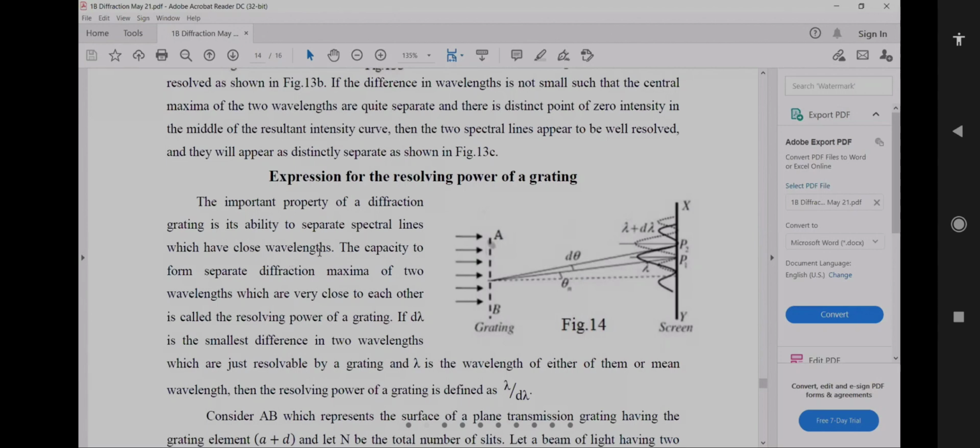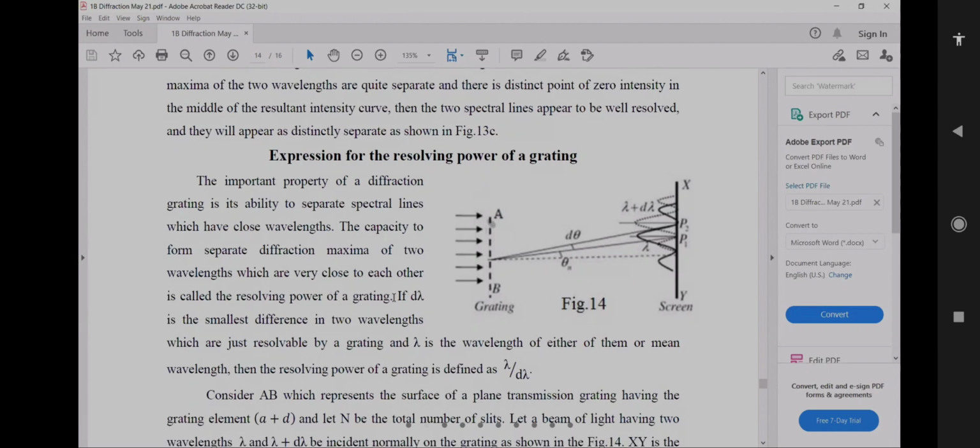The capacity to form separate diffraction maxima of two wavelengths which are very close to each other is called the resolving power of a grating.